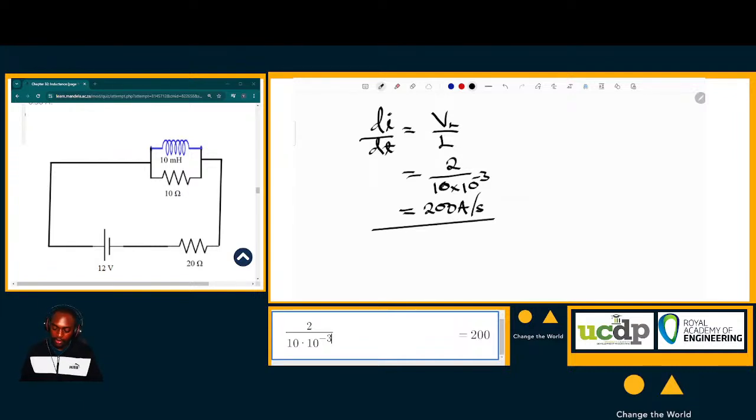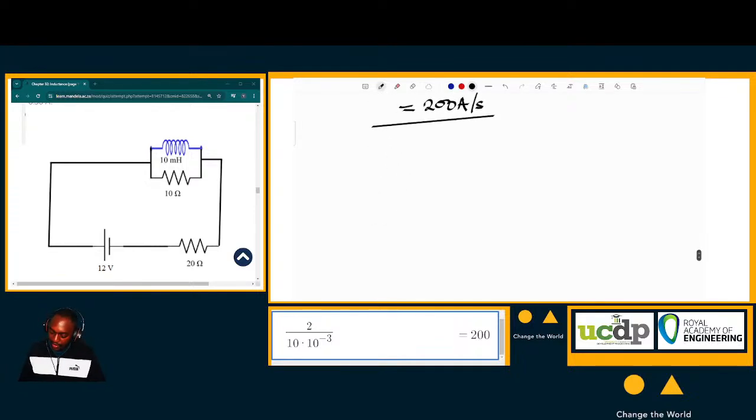So that's your rate of change of current, di over dt. That's how you would go about that question. It's almost similar to the expression that we had in the first question, which is question 8.